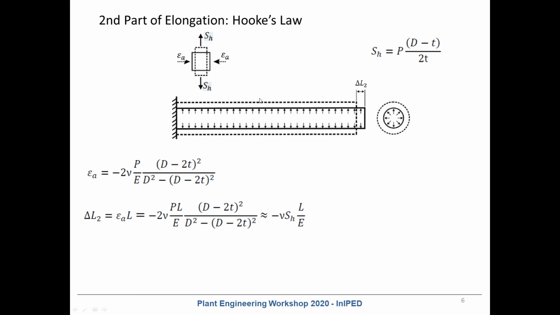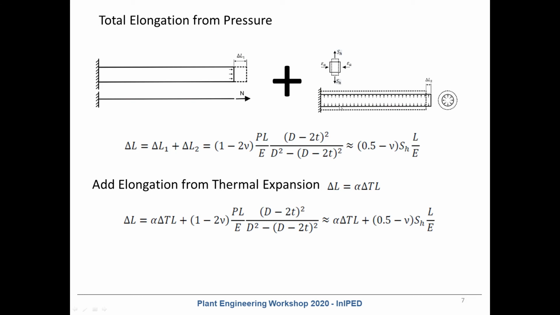The pipe diameter becomes greater and the pipe is shortened because the volume before the deformation and after the deformation should be the same, and the total elongation of the pipe will be the sum of the two effects, and you can see it on the screen, this equation.